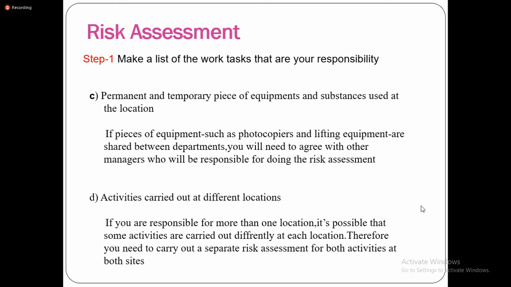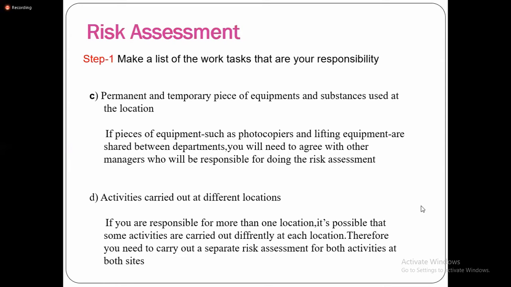For example, it says if a piece of equipment such as photocopiers and lifting equipment is shared between departments, you need to agree with other managers who will be responsible for doing it. For example, you may have a photocopier, assume it is in your admin building. Then the finance team, the HR team, and some other administrative functions may use it.